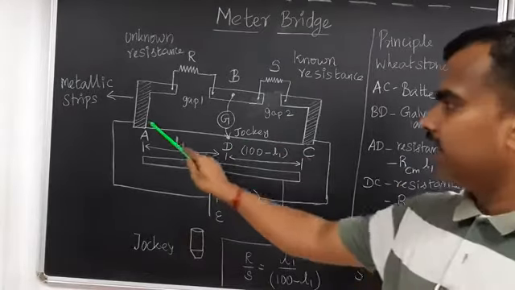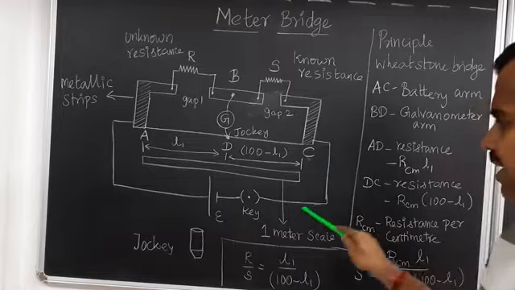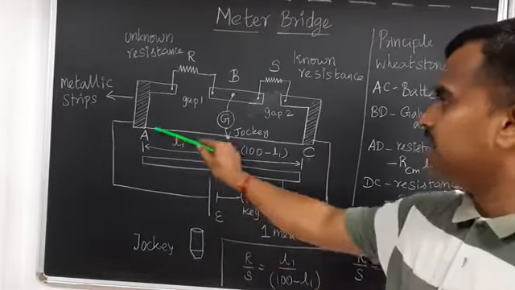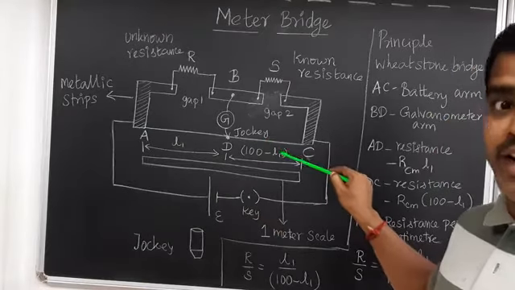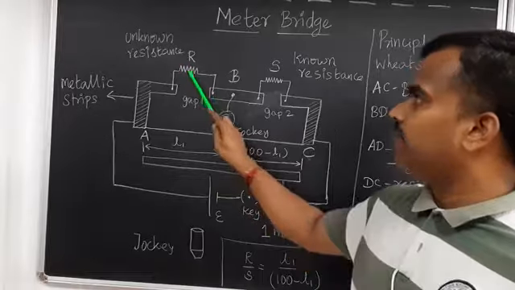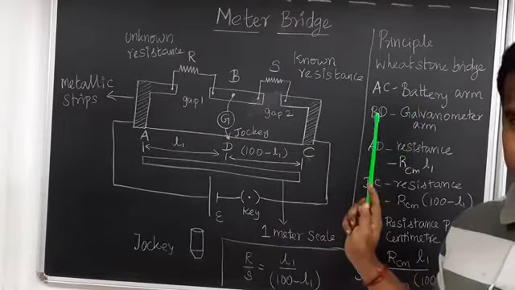The meter scale is connected to the battery, and this side is connected to the negative terminal of the battery through a key. This is the 1 meter scale, 100 centimeter. In one gap I have fixed the unknown resistance, and in the other gap a known resistance.